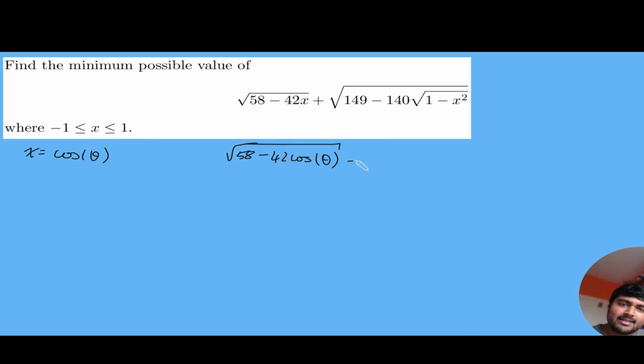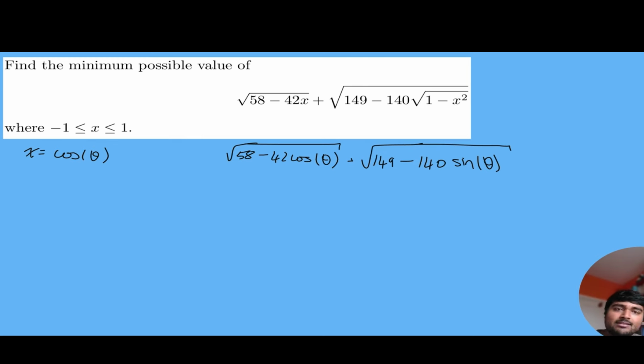And then this is going to be plus the square root of 149 minus 140 times the square root of 1 minus cos squared theta, which is the square root of sine squared theta, which is sine theta. You may have noticed that I didn't consider plus or minus there, and you can check for yourself that x has to be a positive number if we're trying to minimize this.